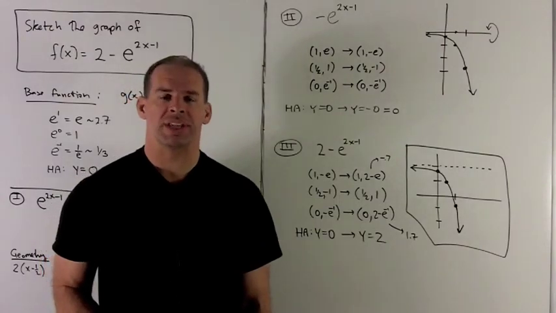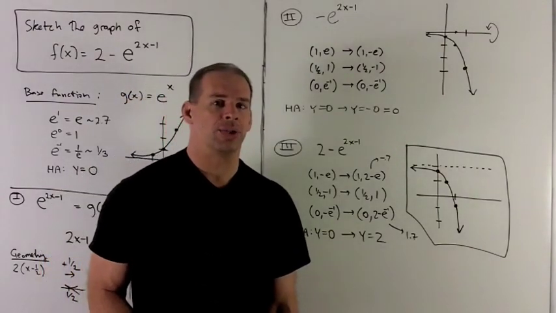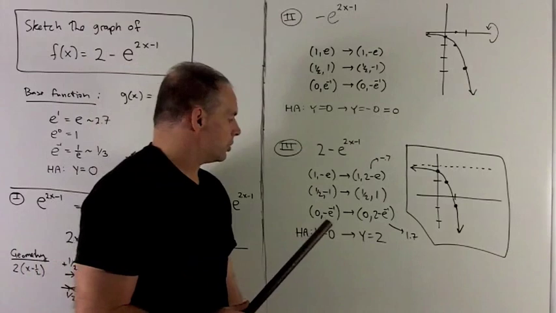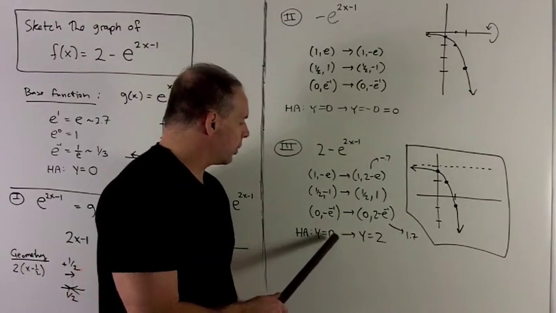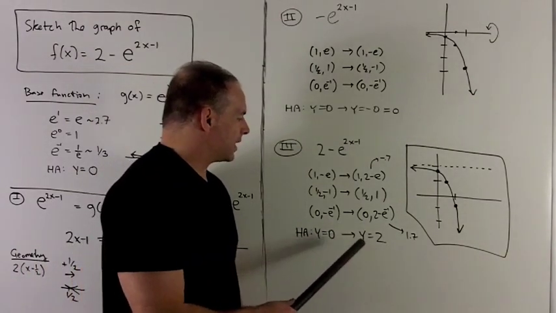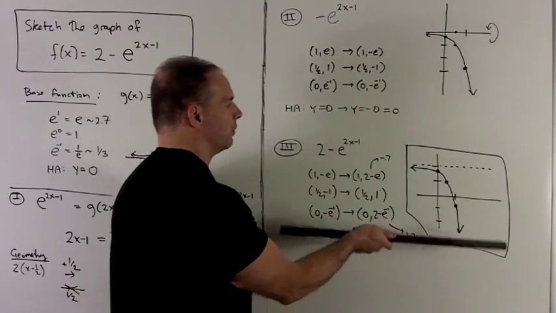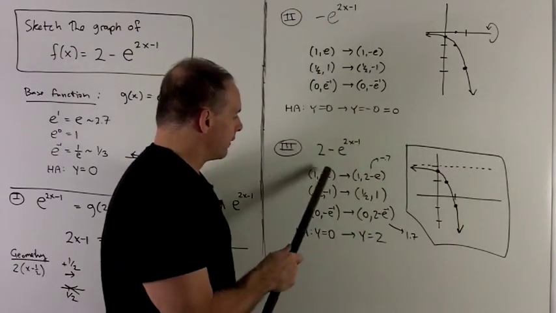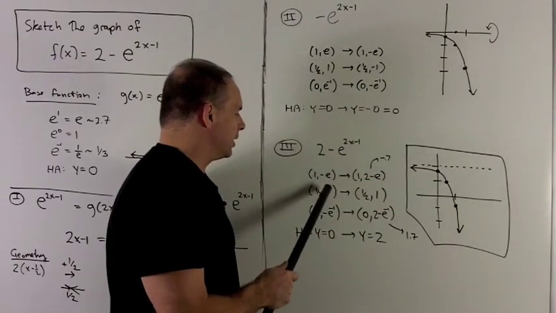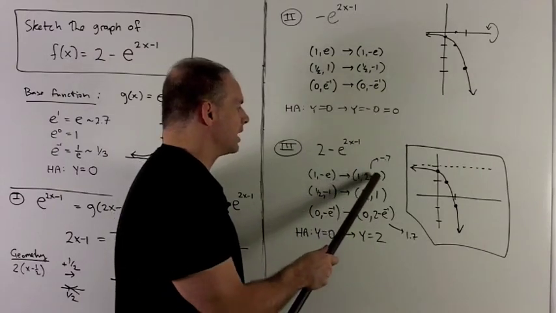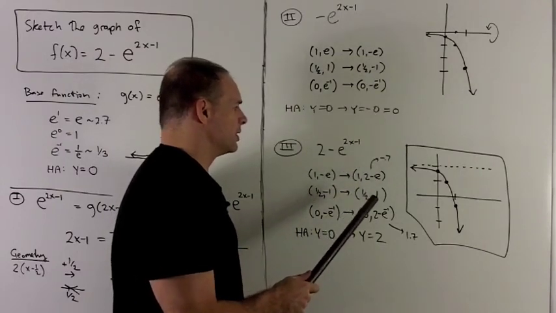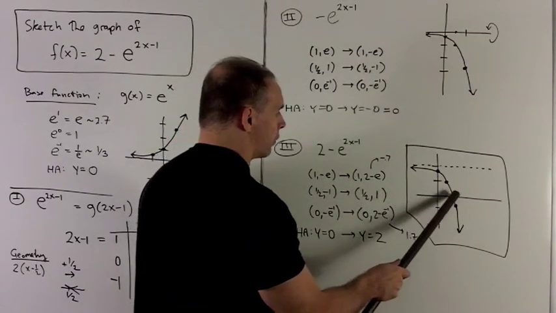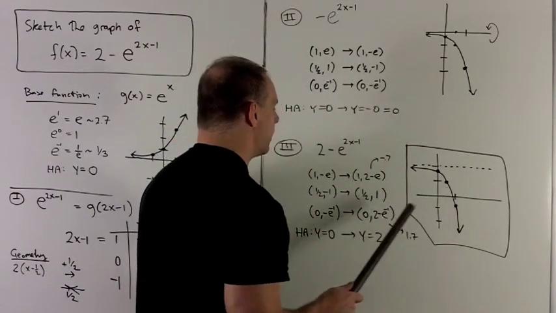Now all we have to do is just add 2 to the y values, and that'll give us our graph. So let's see what happens. The horizontal asymptote, we're at y equals 0. That's going to go to y equals 2. So we just move that up by 2. We have our 3 points. I'm going to add 2 to each y value, so it's going to give me 2 minus e, which is roughly minus 0.7. That point is over 1, down 0.7 right there.